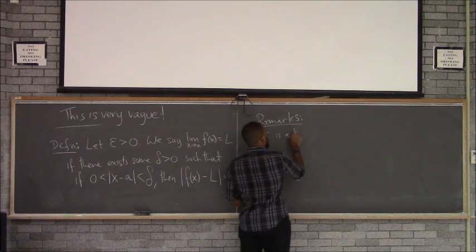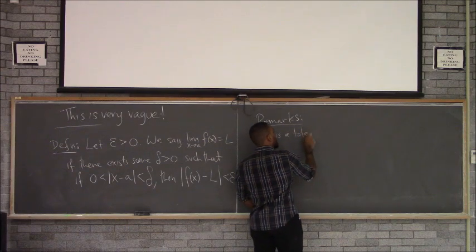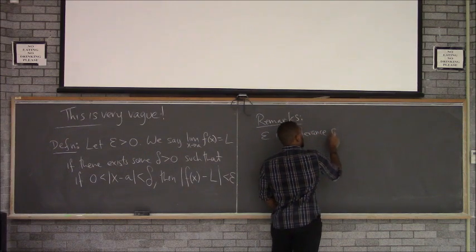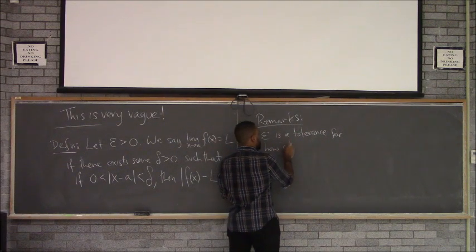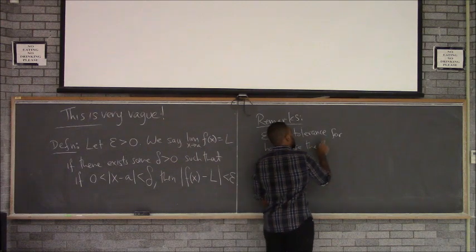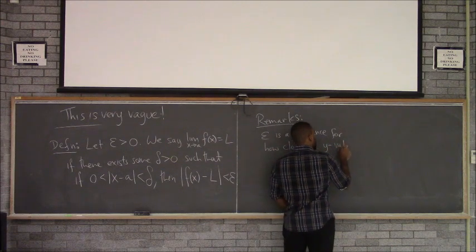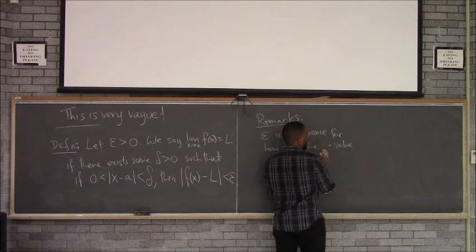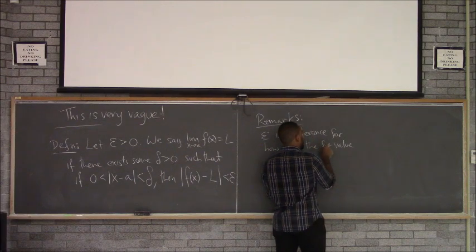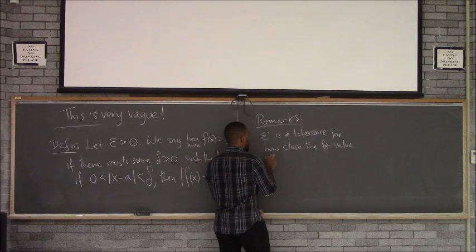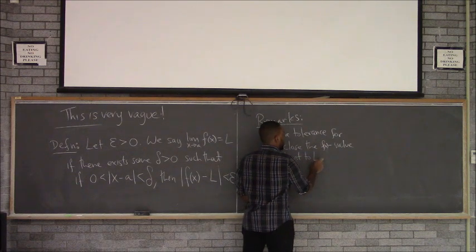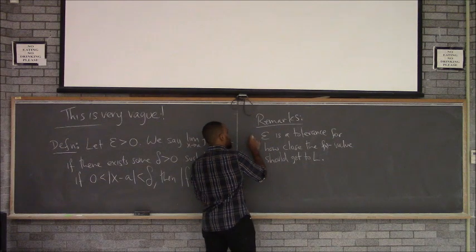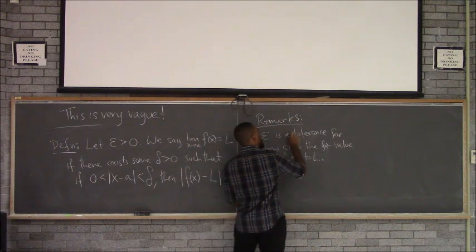Epsilon is a tolerance for how close the y value, or I should say the x value, we get to L. So it's a given tolerance.